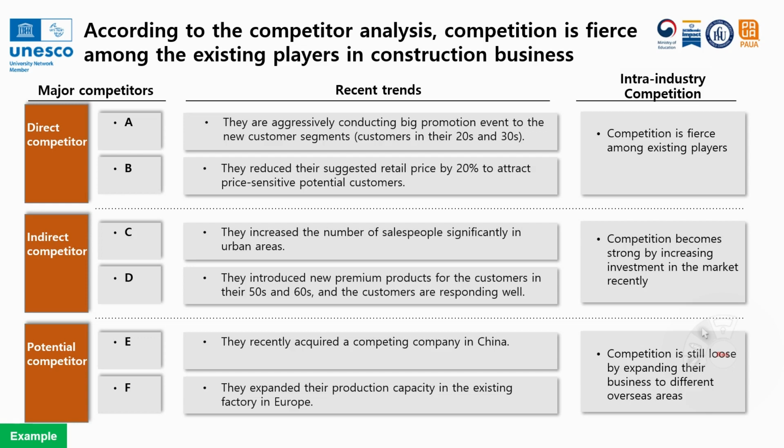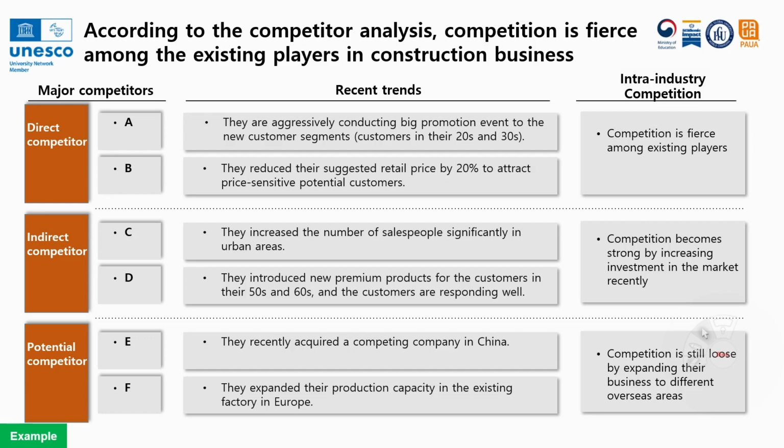The indirect competitors are competing with us in terms of delivering identical customer values, so the customers may quickly change their mind from us to the indirect competitors. That's why we also have to watch how the competitors are moving.